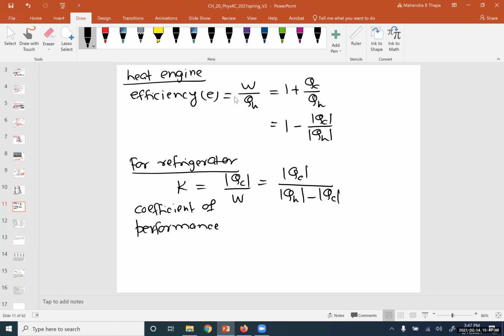So that is how we define the two terms: efficiency for the engine, and coefficient of performance for the refrigerator.